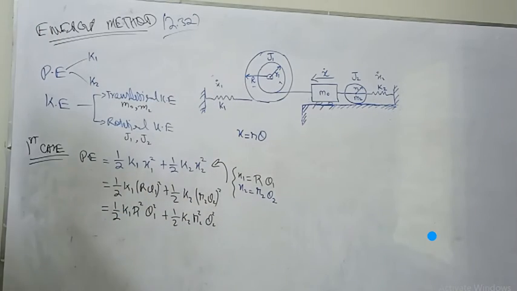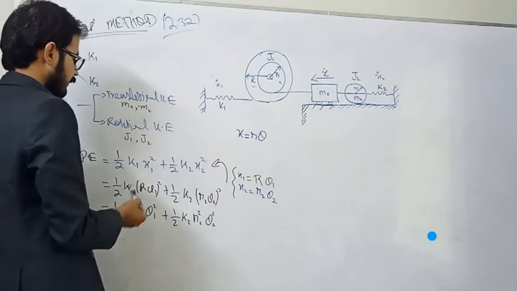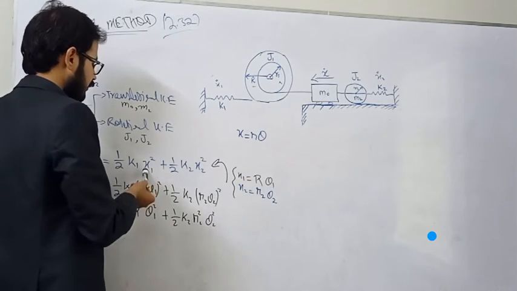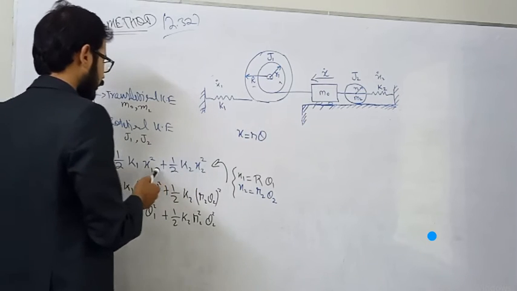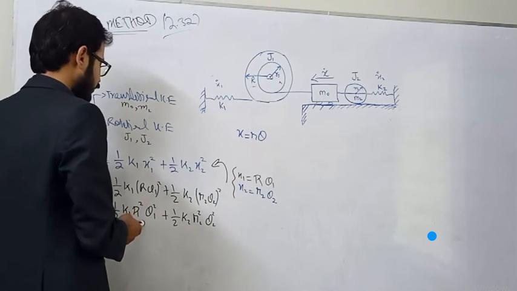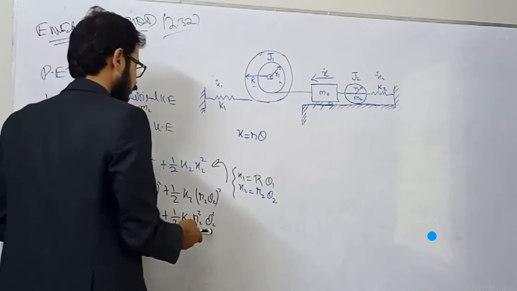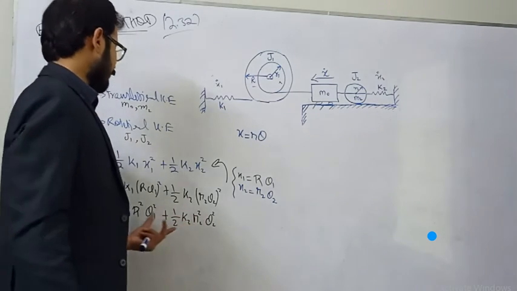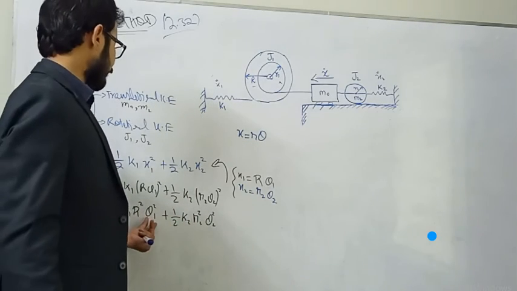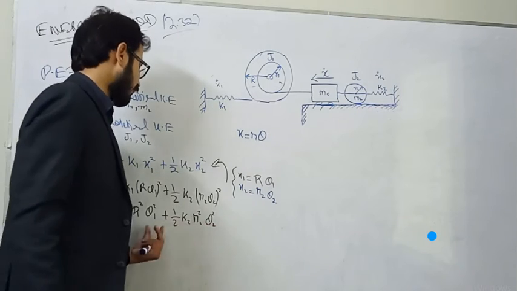Now we can see that these translational elements S1 and S2 are converted into the rotational elements theta 1 and theta 2. But again we can see that the variable theta is the same, but what is different is that it belongs to different components, theta 1 and theta 2.